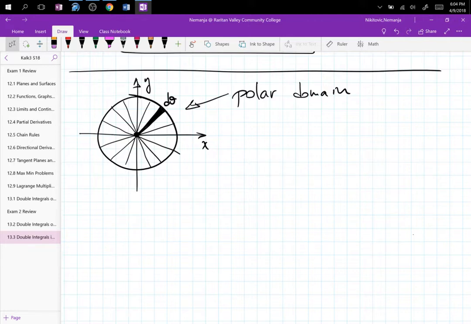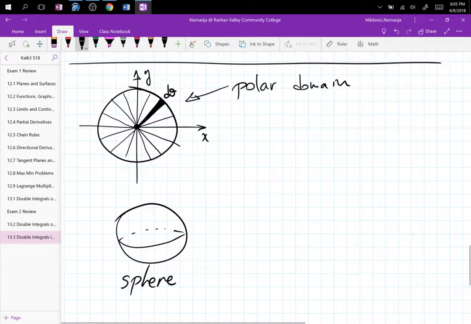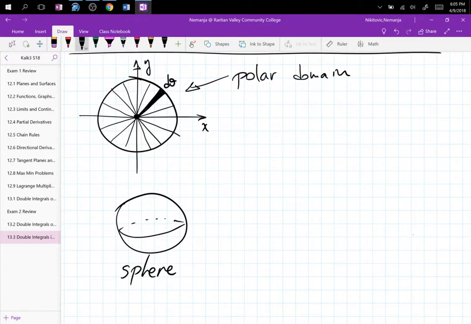Let's say I have a ball, a sphere. Now d theta in this case would be theta between 0 and 2 pi for the entire ball, and it has the radius r.